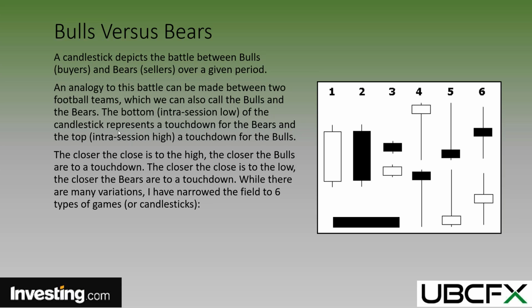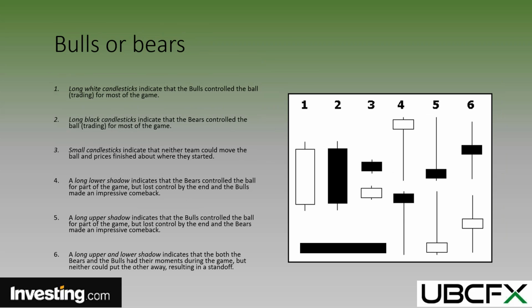And as you saw in our little presentation, it's starting to tell you what market sentiment is, who's controlling the market, and what the overall sentiment is. Now, there are basically only 6 different variations.